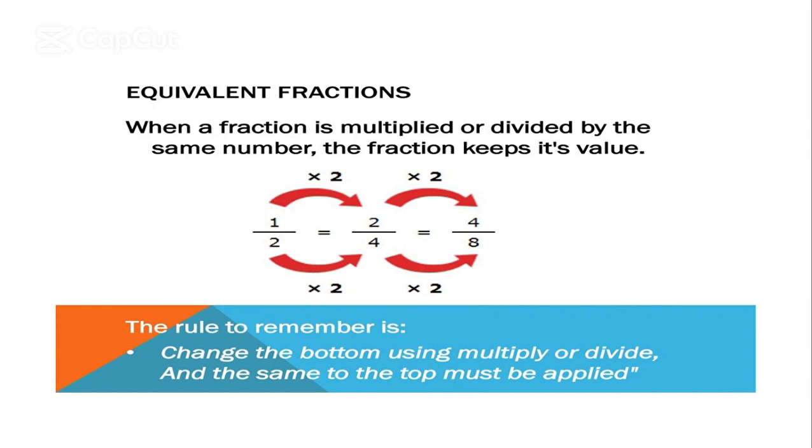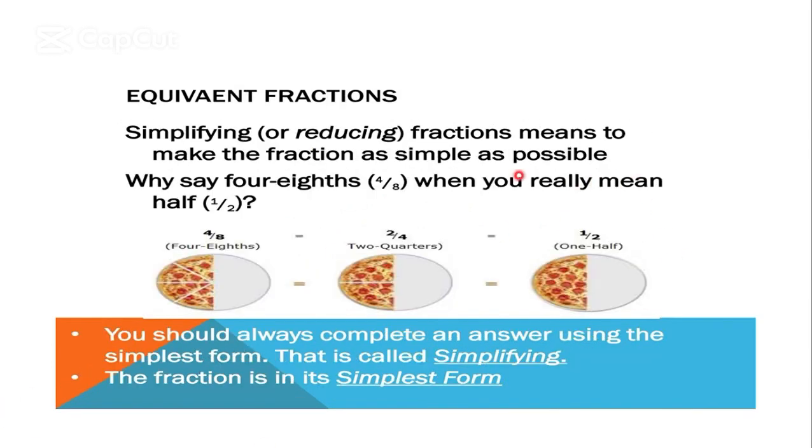Okay, let's proceed. Equivalent fractions also help us to simplify our fractions. You should always complete an answer using the simplest form, which we call simplifying. A fraction is in its simplest form when we cannot divide the numerator and denominator by the same number.